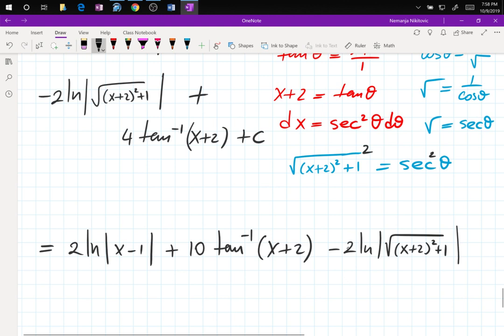We don't need the absolute values because the square root will always give the positive value, so we can just kill the absolutes here. Plus 4 tangent inverse, that's the same, so instead of 10, it's 14. So that's a 14 right there, and we have plus c. See, it simplifies nicely.